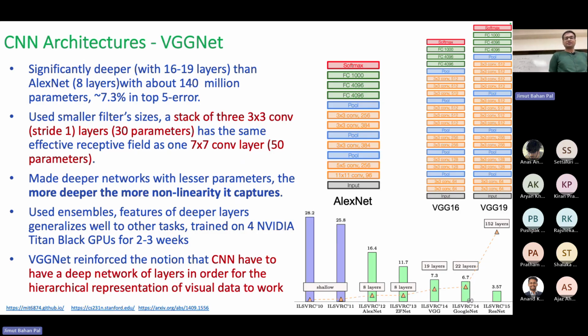They used ensembles, and found that the features of the deeper layers generalize well to other tasks also, and trained on 4 NVIDIA Titan Black GPUs for 2 to 3 weeks in 2014 or so. What they reinforced is the notion that the CNN has to have a deeper network of layers in order for the hierarchical representation of visual data to work. The deeper, the more representation it captures.